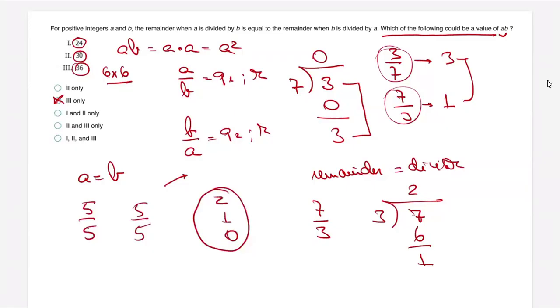When a lower number is divided by a bigger number, this is in the theory, the remainder is always the lower number. And when it's the opposite, you always have from 0 to 1 less than the divisor. So if they are different, it's impossible for the remainders to be equal unless they are equal.